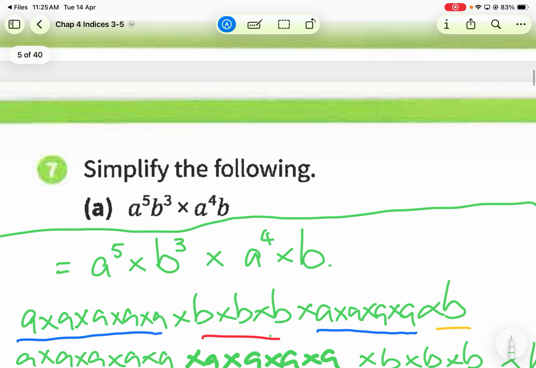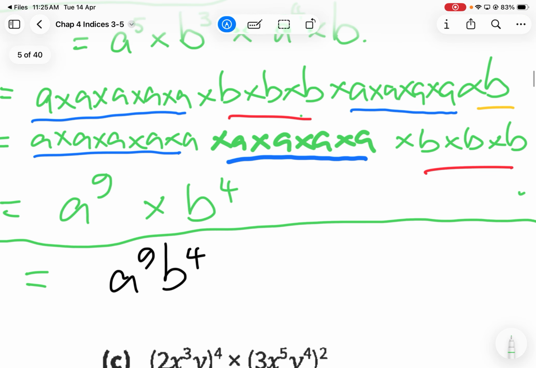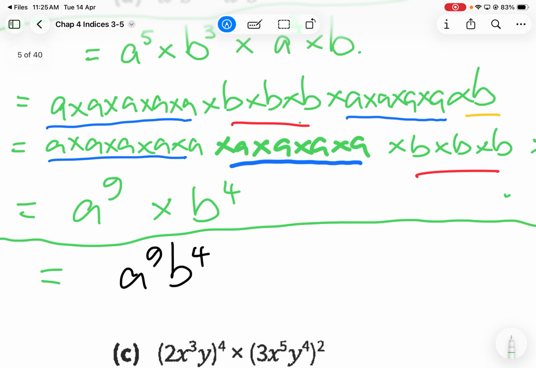So my job is just to group A5 times A4. Then I just add their power, become A9. B cubed is also times B. So B cubed times B, I will have B to the power 4. Then I straight away can write down my answer, A9B4.